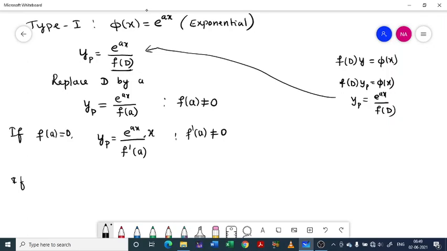If f dash of a is also 0, then yp will be e power ax divided by f double dash of a into x square. You have to continue this process until you get a finite value. So that is the way of finding the particular integral for non-homogeneous equations.